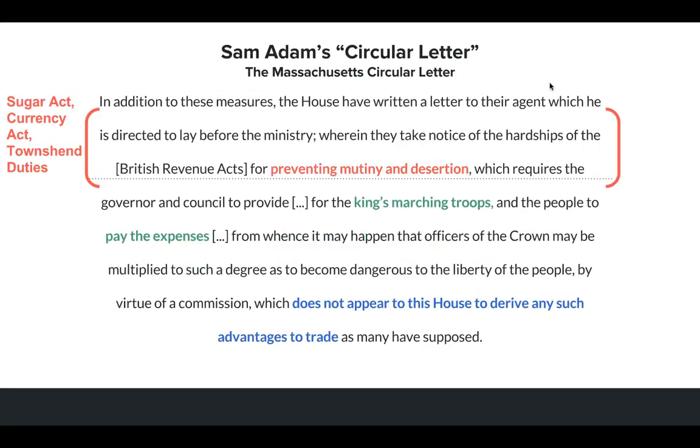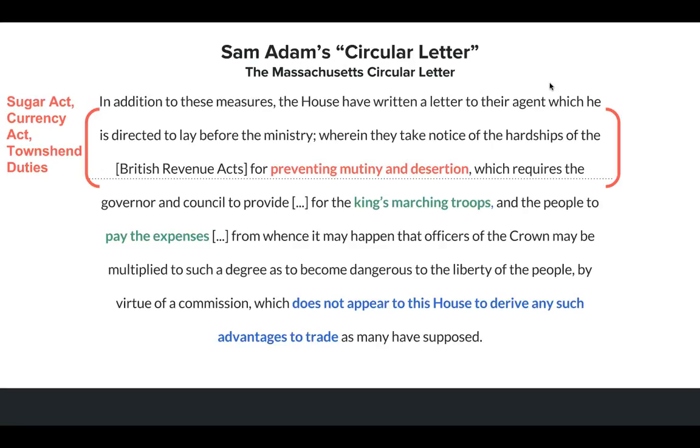And so what Sam Adams is actually trying to communicate here is he's talking about the Sugar Act, Currency Act, and the Townshend duties. That these were introduced to prevent mutiny and desertion. The British Revenue Acts were introduced to prevent the Americans from trading with anyone else but the British. That's what the Townshend duties are trying to enforce.